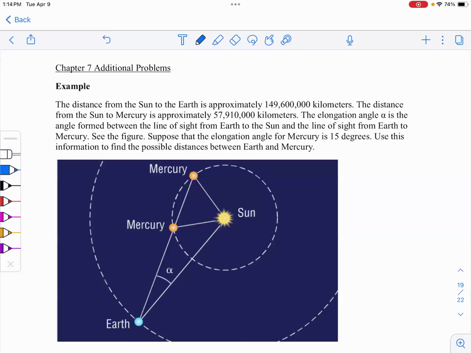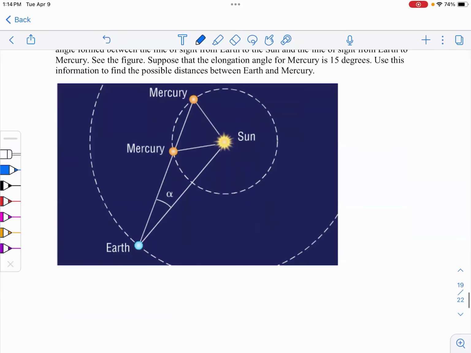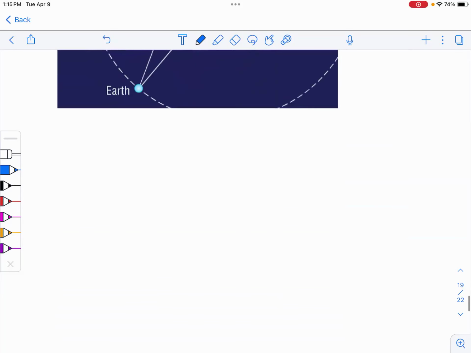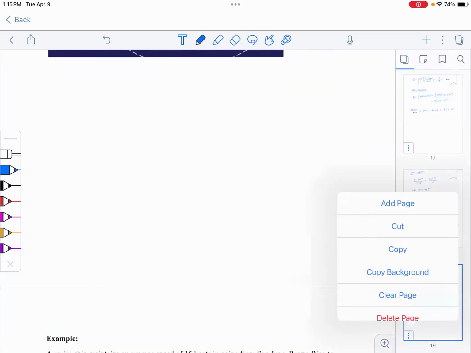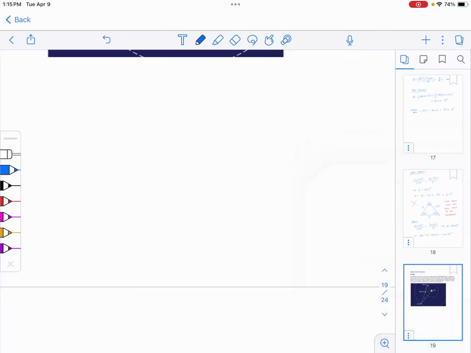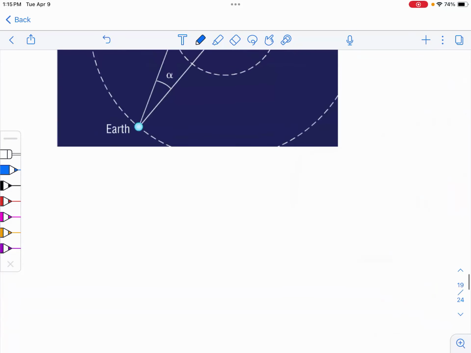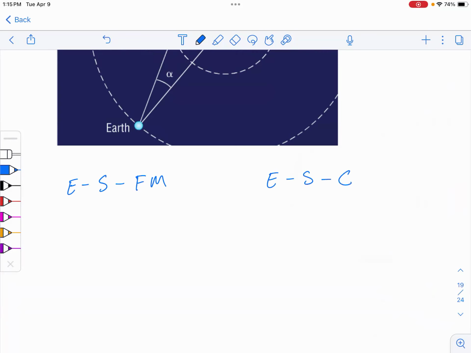The distance from the Earth to the Sun is 150-ish million kilometers, and Mercury to Sun is 58-ish million kilometers. We could start almost anywhere, but we really need to incorporate that angle, so that gives us two big options.